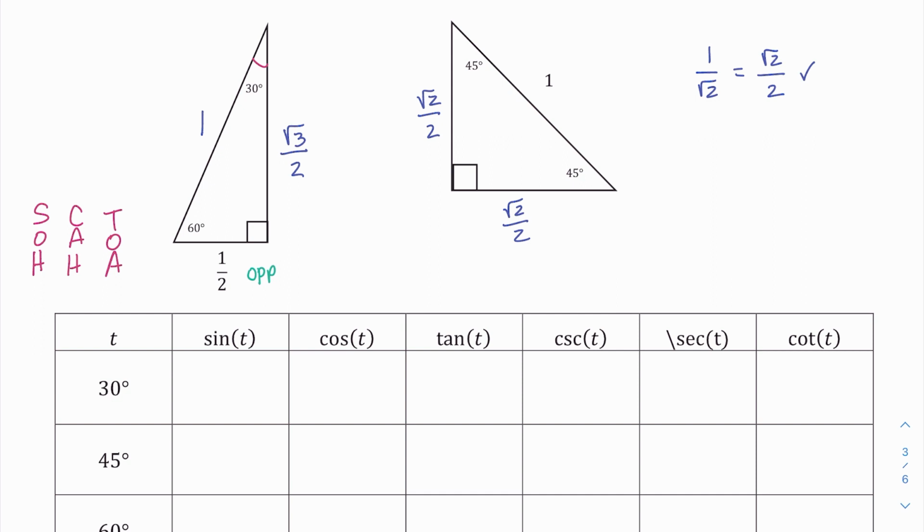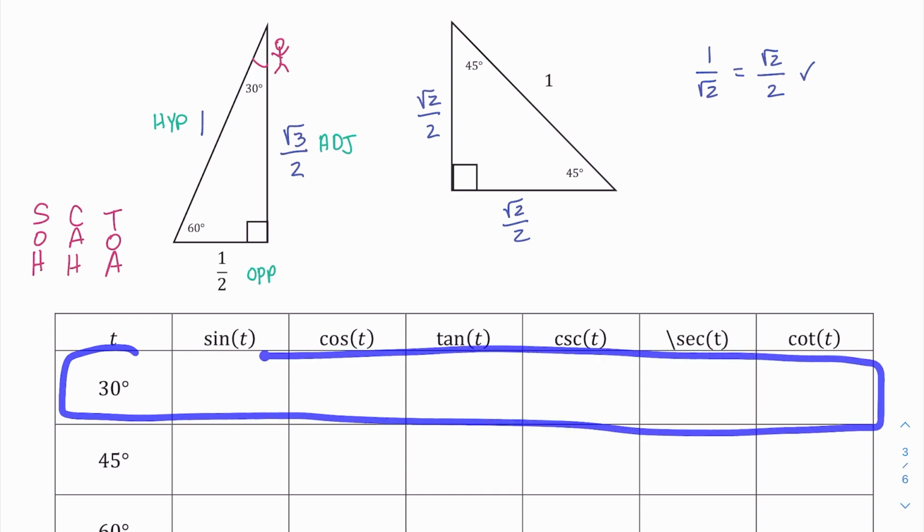You're standing up here by the 30 degrees. 1/2 is the opposite side. Let's see, the √3 over 2 is the adjacent. And of course, the hypotenuse is always the hypotenuse, and that part doesn't change. So given that, I think I'm ready to complete the first row of the table.